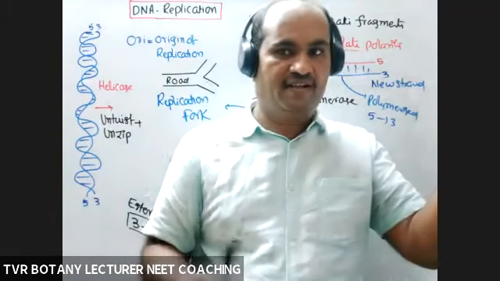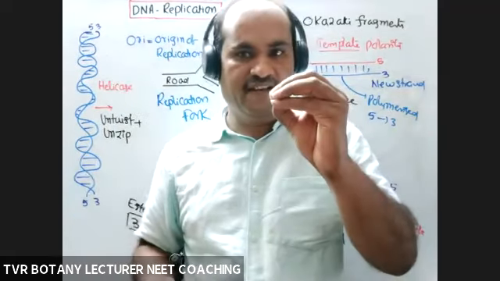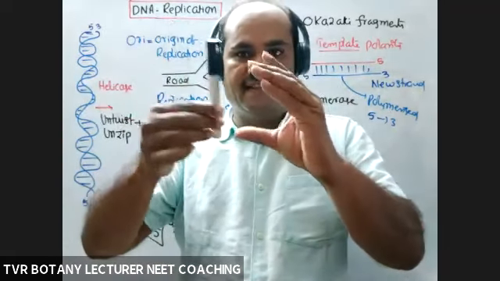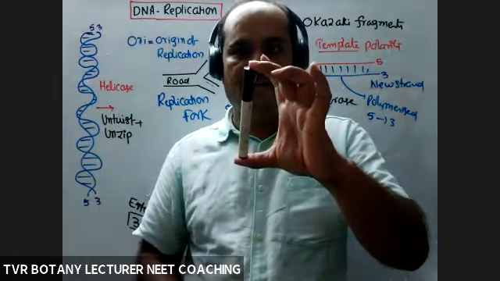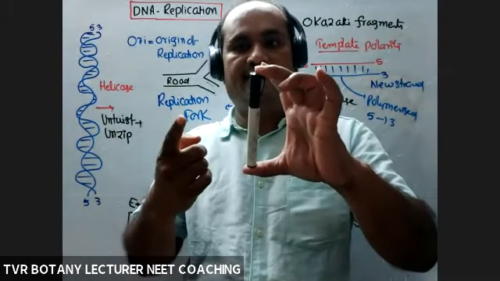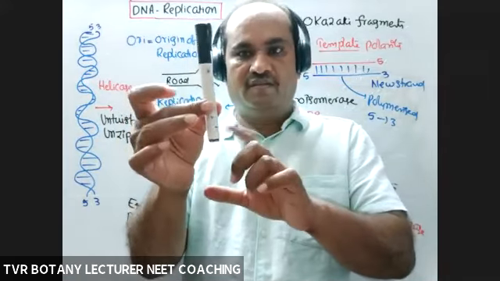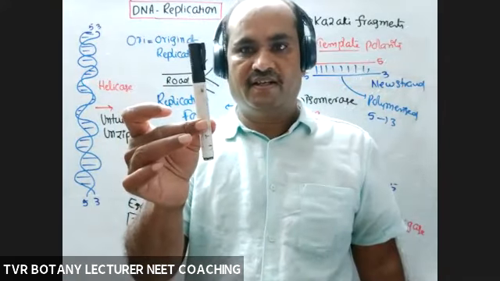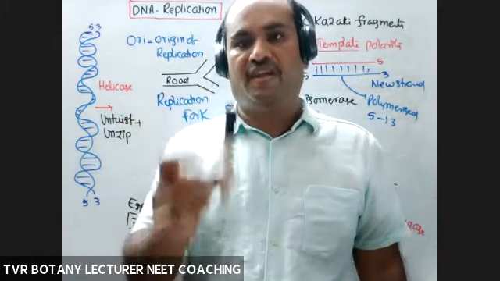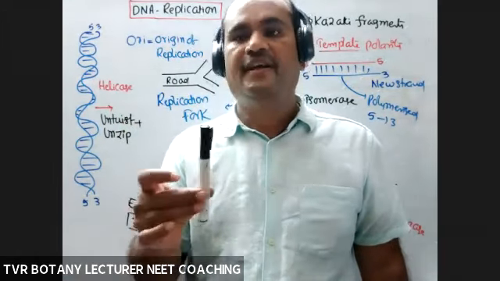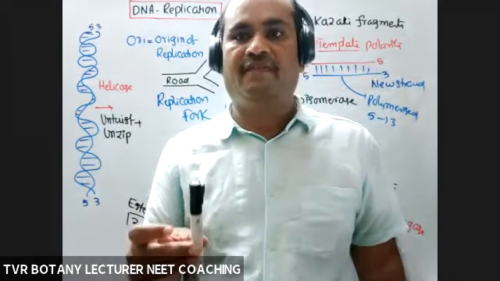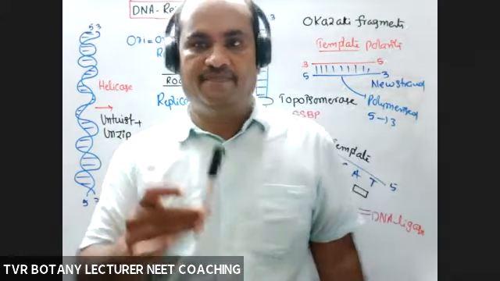We have to open it and insert it. Like that, the vector has ORI, and we insert the desirable gene and replicate it. Along with the replication of the plasmid, many copies will be produced or not? That is called gene cloning: production of a number of copies of a desirable gene with the help of a vector having ORI.